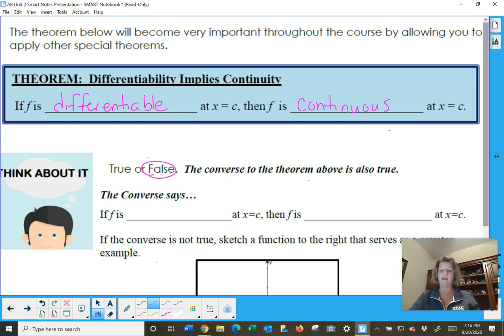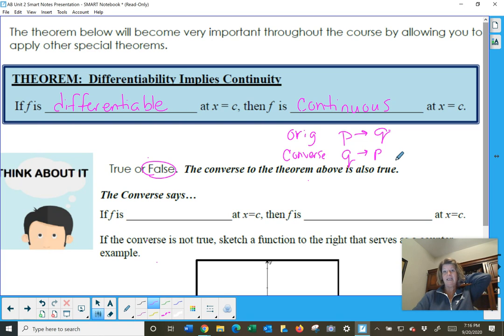That is not the case. Do you remember in geometry you had that if-then statement? If P, then it leads to Q. So if P is true, Q must be true. The converse does Q leads to P. And it says if it's continuous, then it's differentiable. That is not true. So this is a converse statement if this was your original statement.